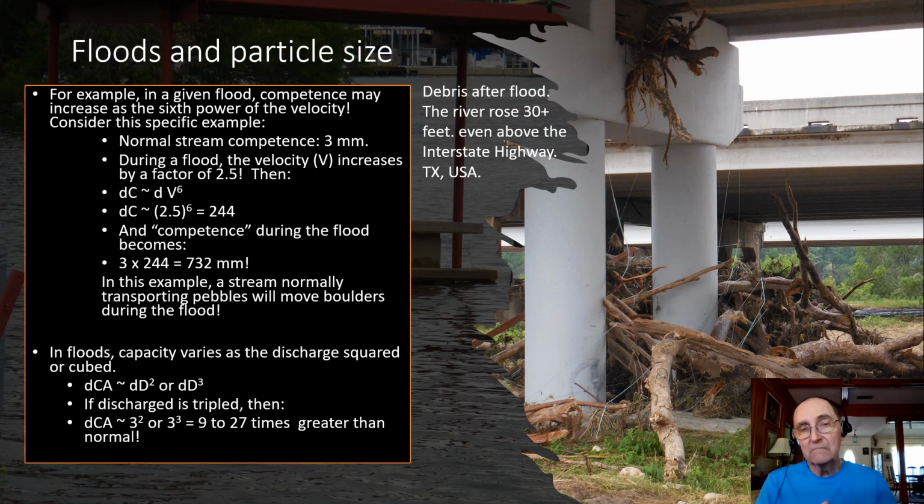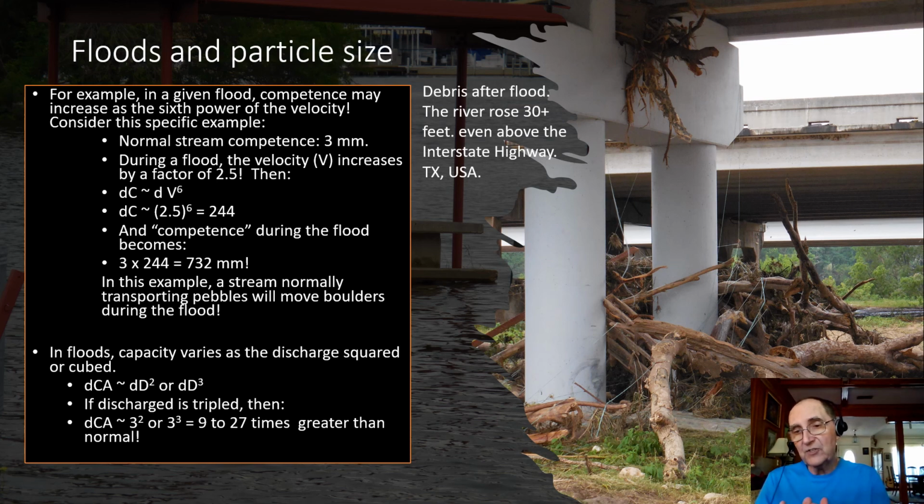But during a flood, say that the velocity increases by a factor of 2.5. So the competence will increase to the sixth power of 2.5. So that's 2.5 elevated to the sixth power, and that's equal to 244. Now the original competence was 3 millimeters.